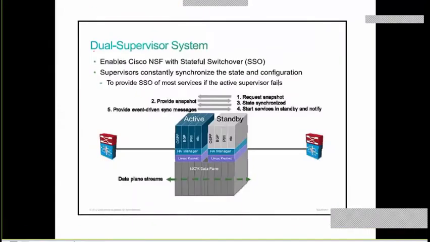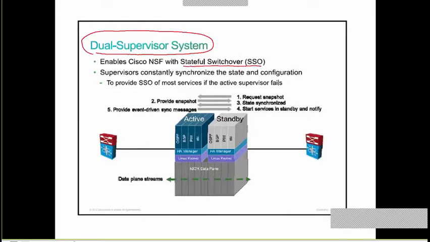Okay. Dual supervisor system: how do Cisco nonstop forwarding and stateful switchover, SSO, happen? Suppose this is your Nexus box, and you have two supervisors, one active and one standby. Then what happens between them?